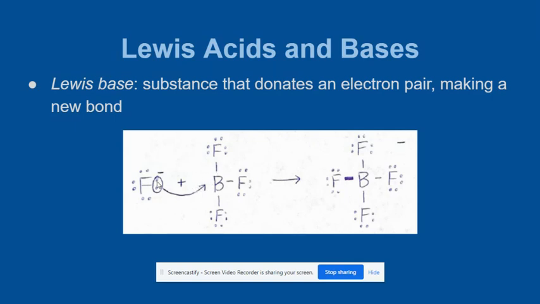So fluoride's going to donate those circled electrons right there to that open spot on boron and make that new darker bond in this new substance. Okay. So because fluorine is donating those extra electrons that it has, it's considered a Lewis base. Lewis is just out there. It doesn't mesh very well with the other two, but it's one of those theories that they want us to learn about.